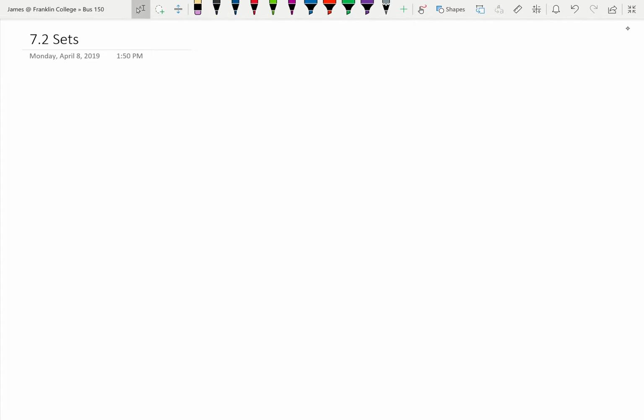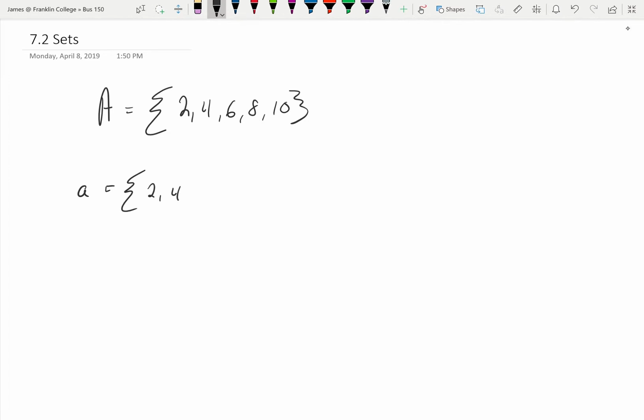So if we say that capital A is the set, I'm just going to list out some numbers: 2, 4, 6, 8, 10. So the set is simply the numbers 2, 4, 6, 8, and 10. And then another set, represented by lowercase a, is simply the numbers 2, 4.